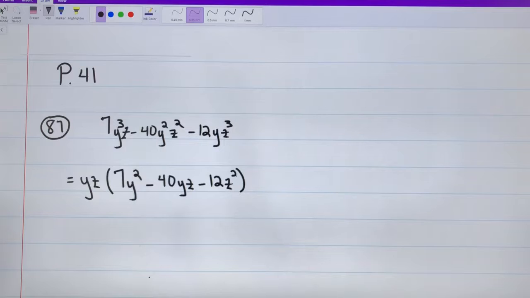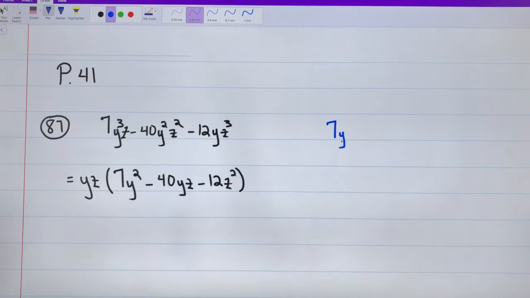Going back to factoring by grouping, just factoring this portion out and, in a manner of speaking, stepping over to the side, we have 7y squared minus 40yz minus 12z squared.